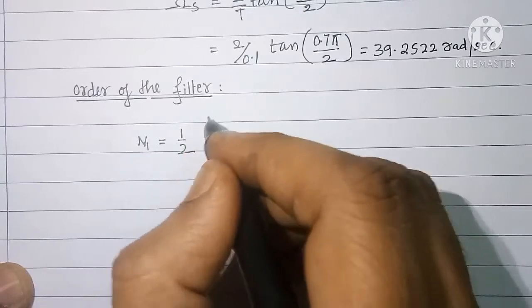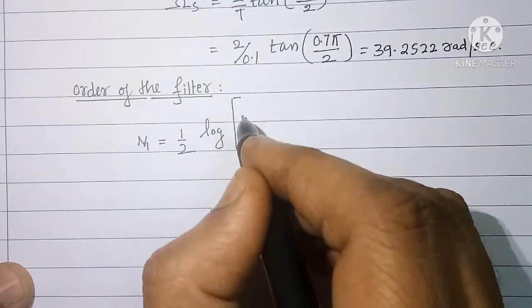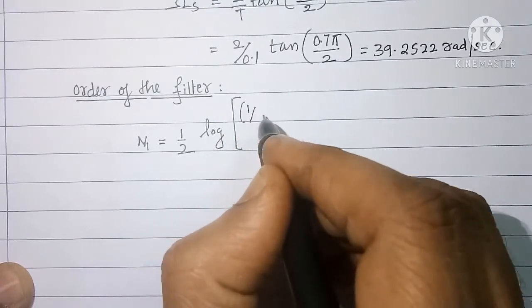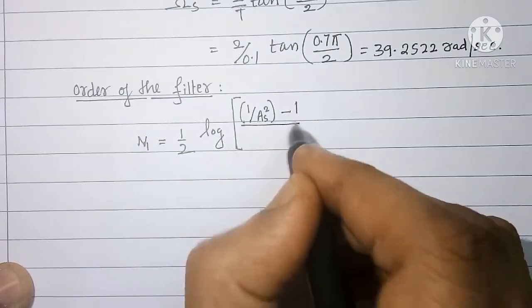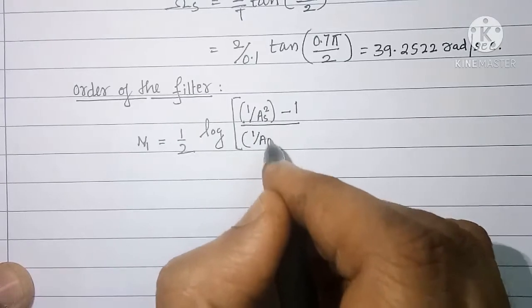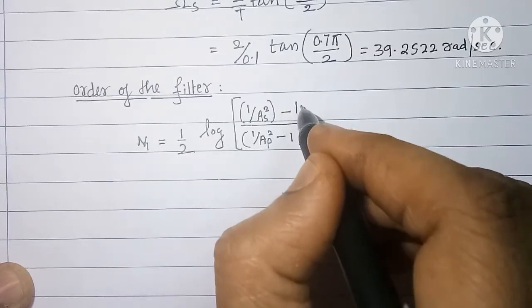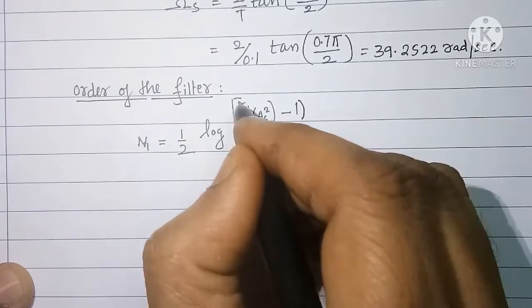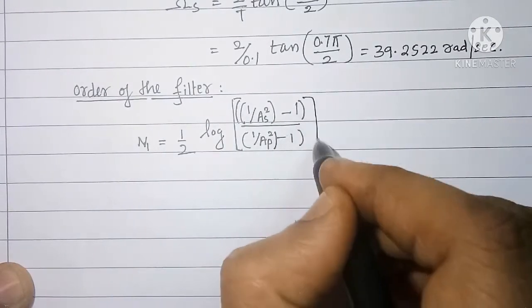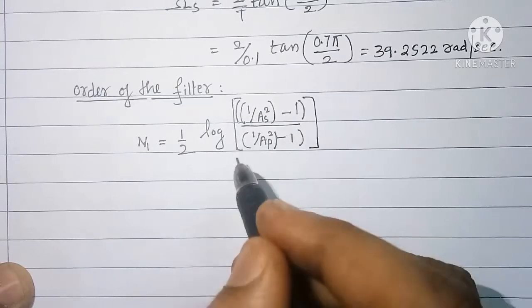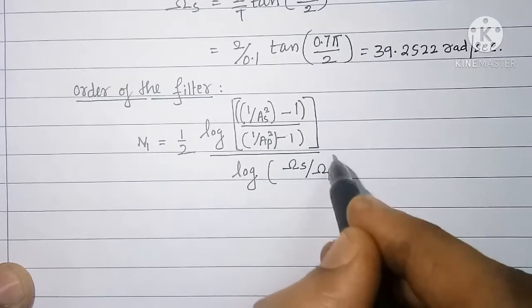N1 is 1 by 2 log of (1 by AS square minus 1) upon (1 by AP square minus 1), whole divided by log of omega s by omega p.